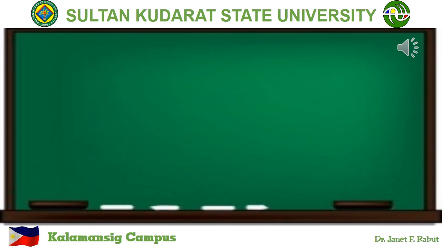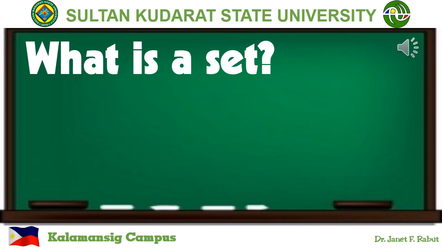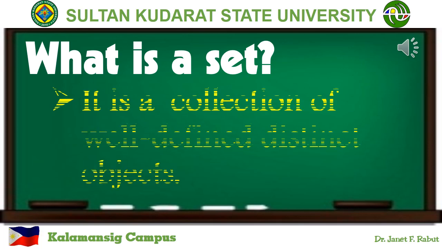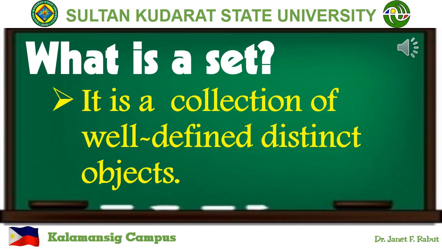Now let us define the word set. A set is a collection of well-defined, distinct objects. The word well-defined refers to a specific property which makes it easy to identify whether the given object belongs to the set or not.